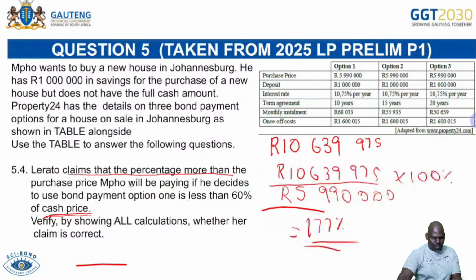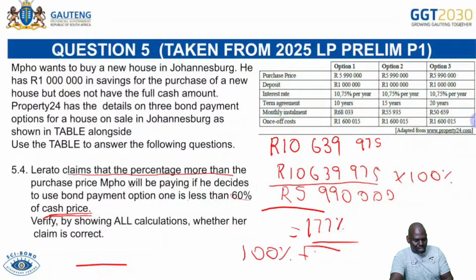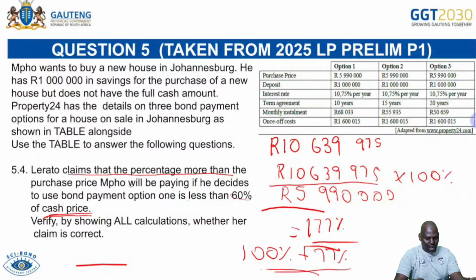So 177% is actually not less than, but more than 60%, because this means it's 100% plus 77%. So it's actually more than 70%, not less than 60%.